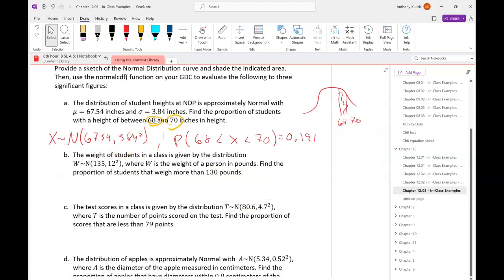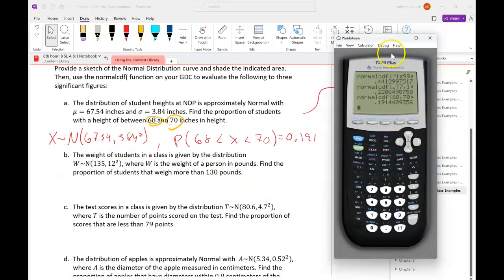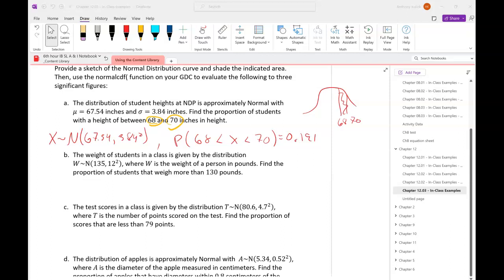All right. Somebody try the next one on their calculator and see what they get. It's a race.